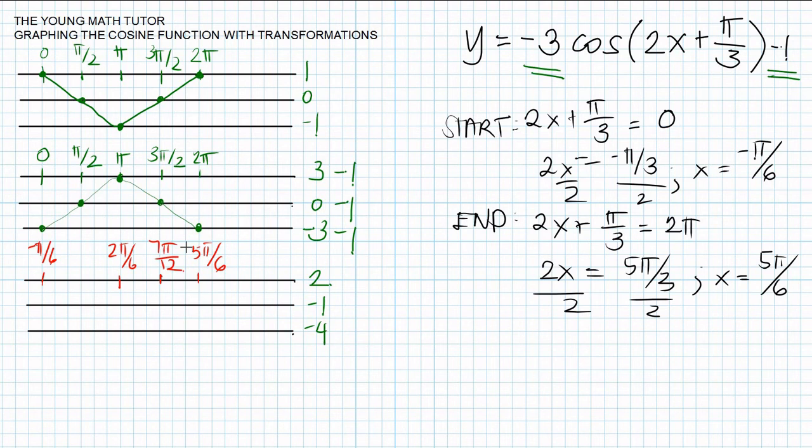And then between negative pi over 6 and 2 pi over 6, we have pi over 12. Now let's say that the points will just be the same. So this is how one period will look like. Now let's try to graph it.